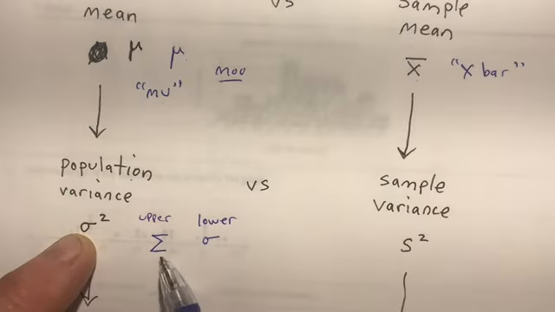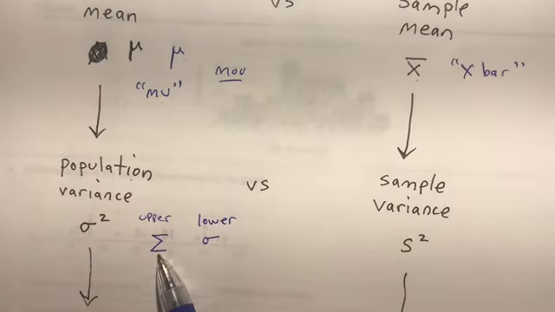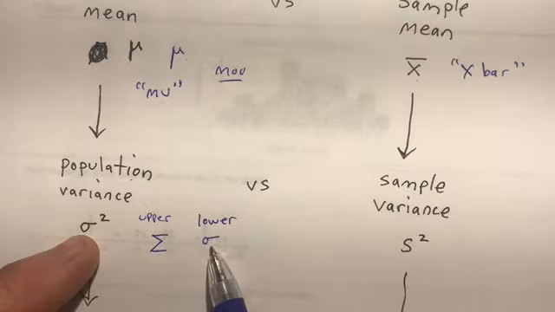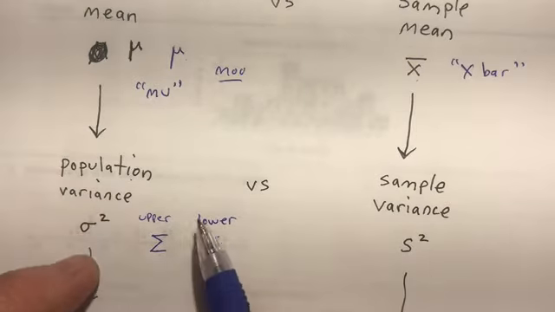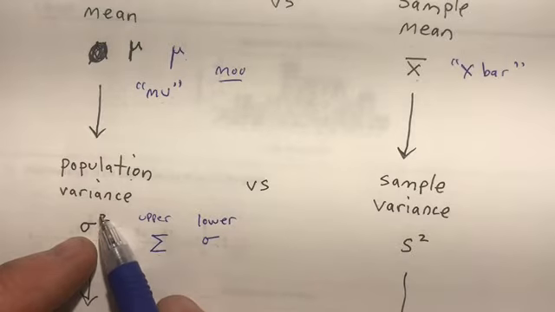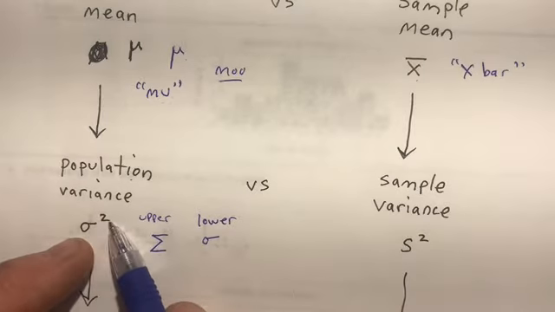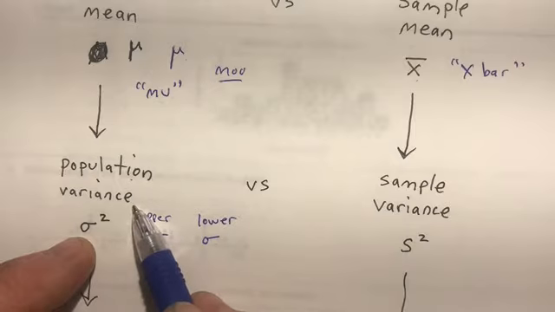Okay, these are both sigma. This capital sigma, we use to find a sum of a data set. This lowercase sigma is my population standard deviation. But we use that for variance: when this is squared, that's the variance. We usually find that first.